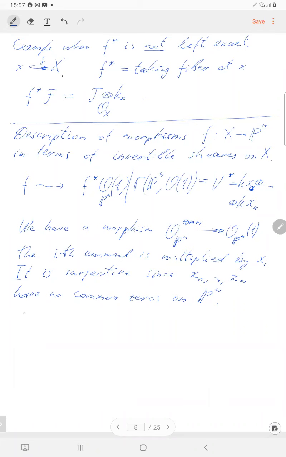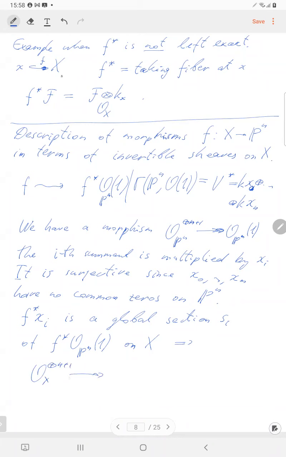Now, the pullback of xi is a global section, say si, of the pullback of O(1) on X. We started from a projective morphism from X to P^n, and now we can pull back everything to X. We pulled back this invertible sheaf O(1) to X. We're pulling back the sections, and everything works there, and we have the corresponding morphism, OX to the power n plus 1.